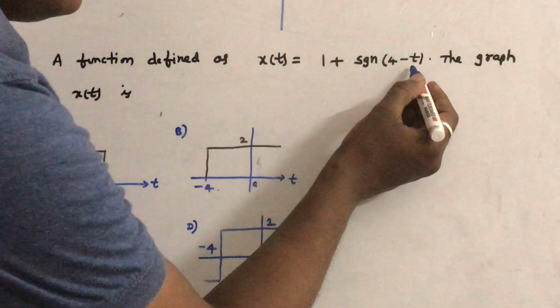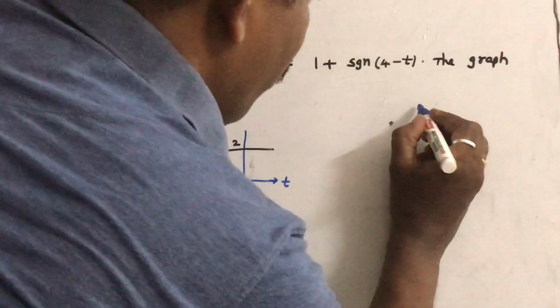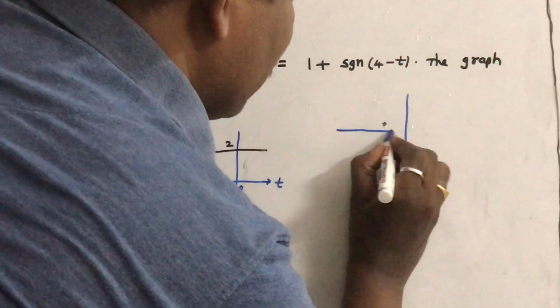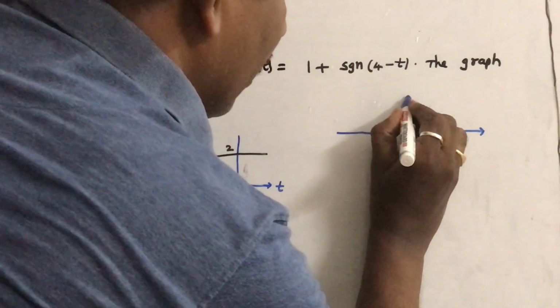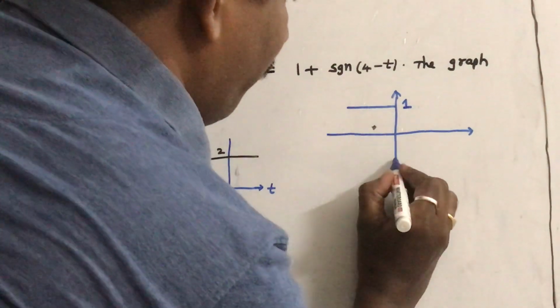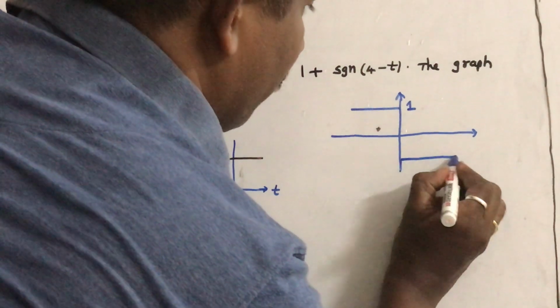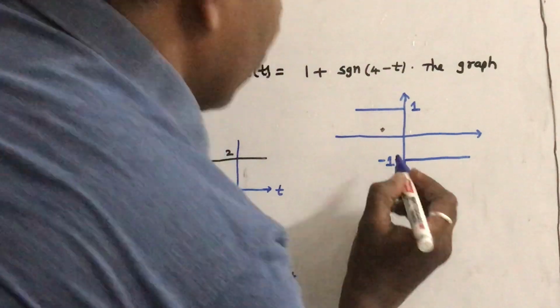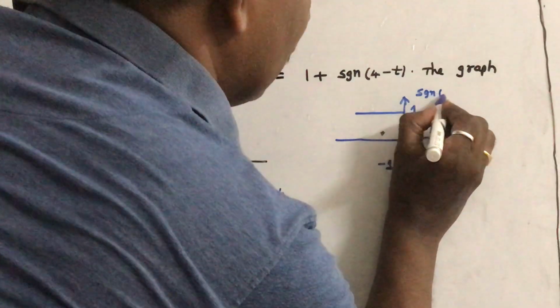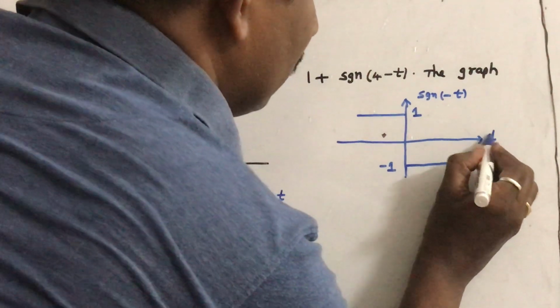That means the time reversal of signum of t. I already explained how to draw the time reversal of signum of t. It is written like this. It is +1 and it is -1 this side. So this is signum of -t versus t.